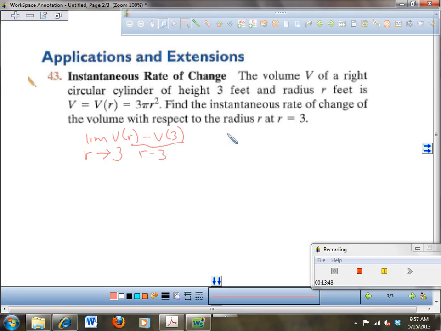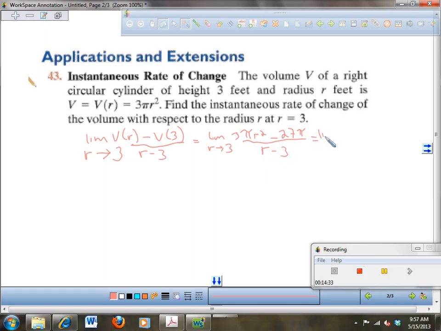And so the way you do that, V of r is 3 pi r squared, minus V of 3. If I plug in 3 in here, what do I get out? 27 pi, over r minus 3, which just stays as r minus 3. And if you try to plug in 3 here, you're not going to find the limit.